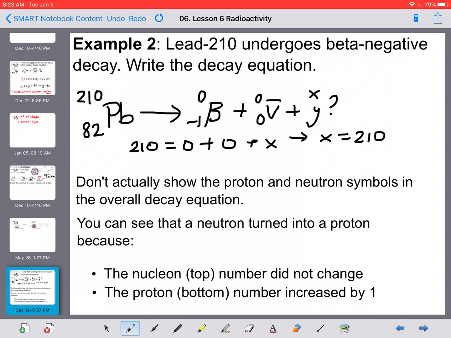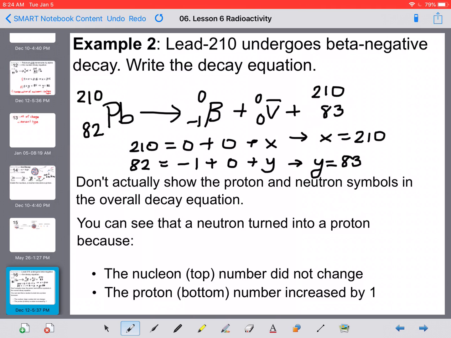And then on the bottom, 82 is -1 plus 0 plus y. So you can see y has to be 83. So I can fill that in now. Over here, 210 up top, 83 on the bottom. Now I look for number 83 on the periodic table, and I see that it is bismuth. So that's my complete decay equation for this one here.